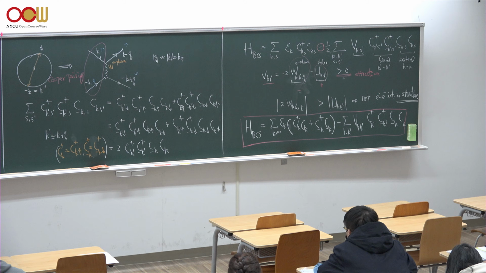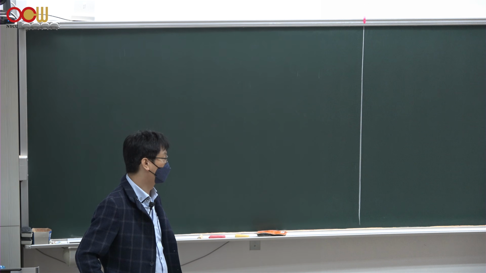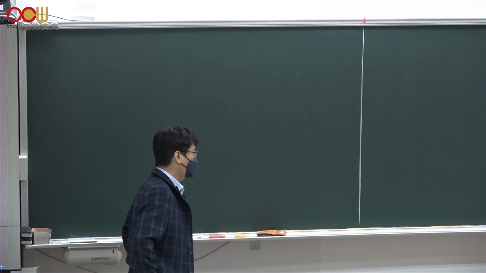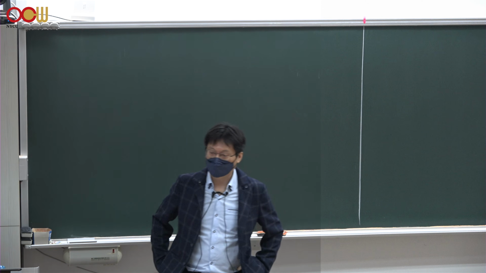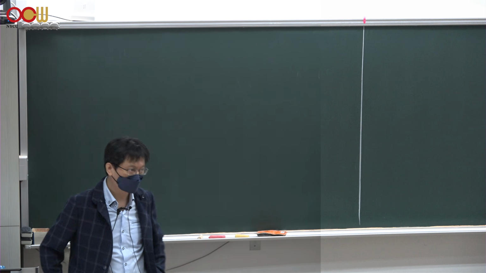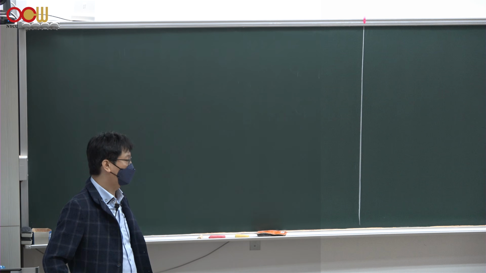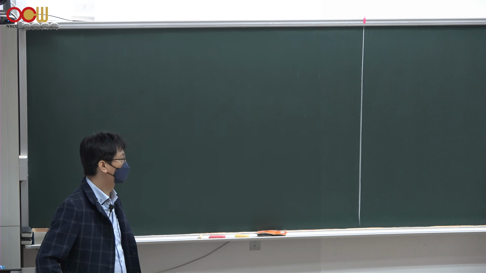So this Hamiltonian looks very similar to the Hartree-Fock one. However, we should remember that two electrons should come into pairs, so they should be created at the same time, and they should be destroyed at the same time. Unlike the plasma oscillation physics, where you have electron-hole pair excitations, in the BCS theory we have two electrons coming into pairs.